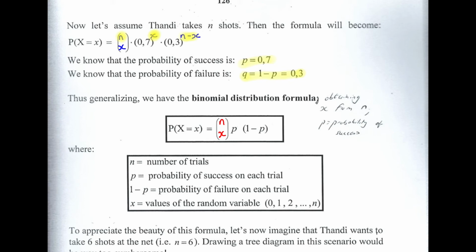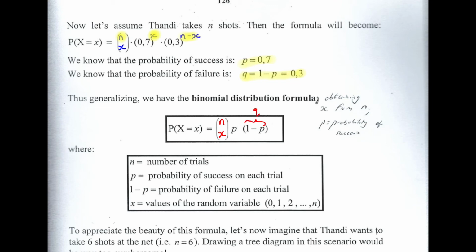All right, so remember, n represents the number of trials, p represents the probability of success on each trial, and 1 minus p is the probability of failure on each trial. So this 1 minus p here is basically our q value.